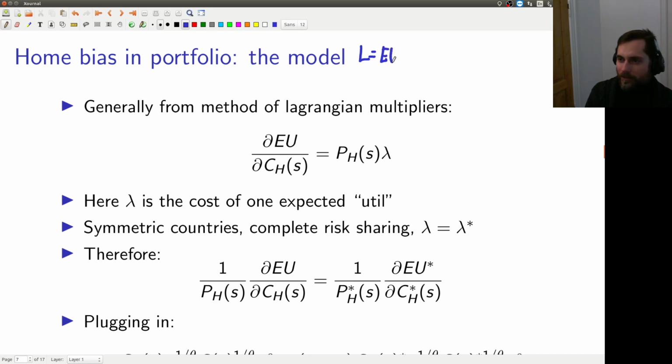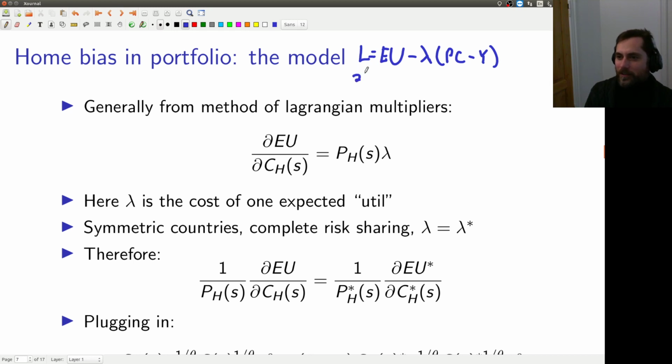The Lagrangian function is going to be expected utility minus lambda times, say, a vector of prices times a vector of consumptions minus some sort of endowment. This is a very stylized Lagrangian function, but it looks something like this.